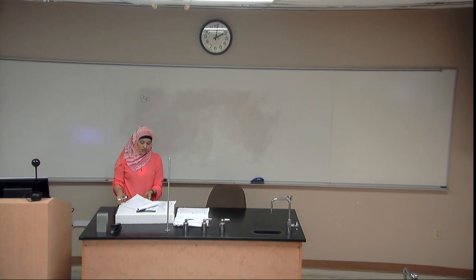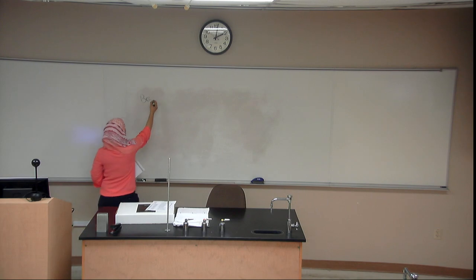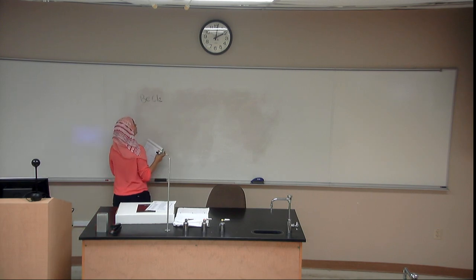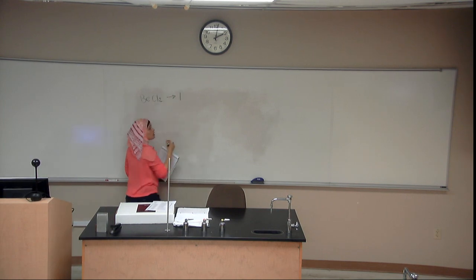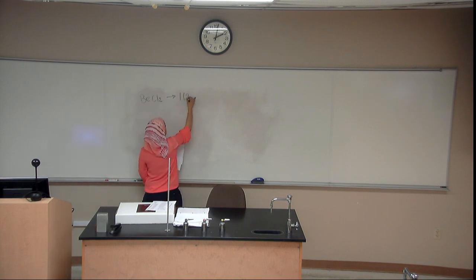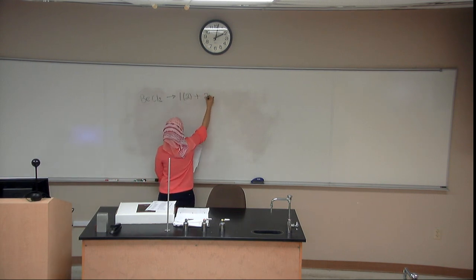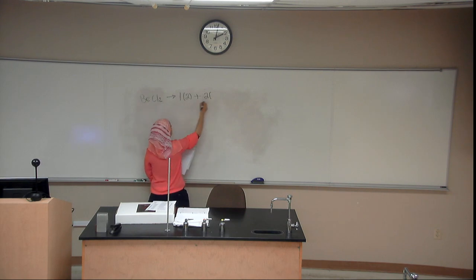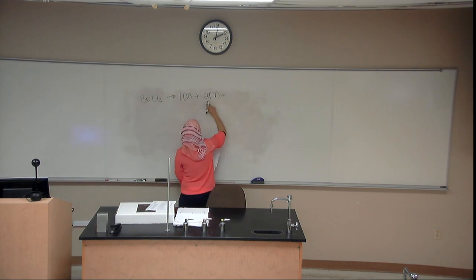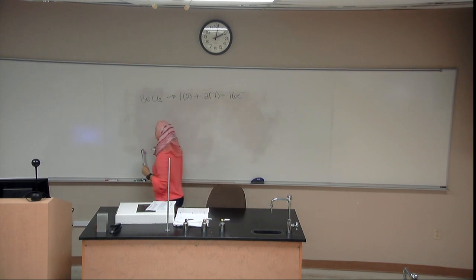So when we're talking about BeCl2 here, let's do an example of how to do the Lewis structure of that. We have 1 beryllium, and beryllium is in group 2A, so it has 2 valence electrons, plus 2 chlorines at 7 valence electrons each. So 14 plus 2, that's 16 valence electrons, yes?